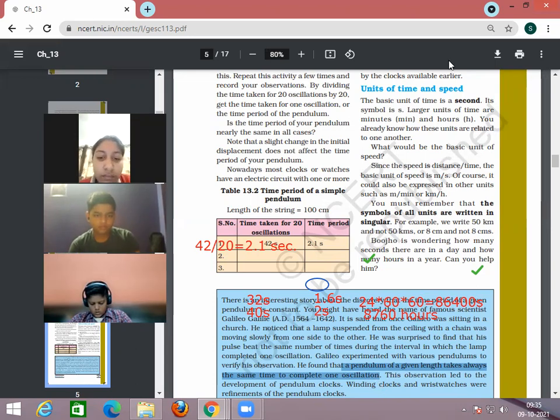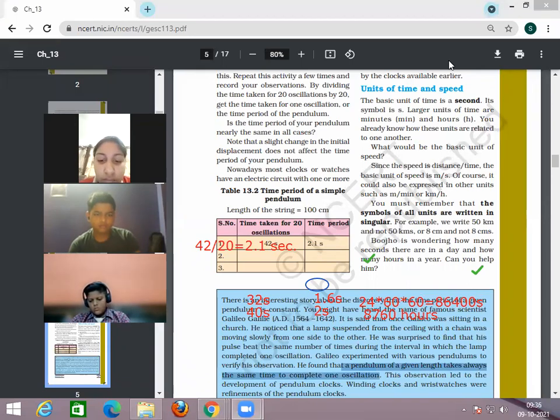Winding clocks and wristwatches were refinements of the pendulum clocks. The discovery of the pendulum was done by Galileo. Once he found that a pendulum of a given length always takes the same time to complete one oscillation. What does it mean? Suppose we have taken the length of a string as 20 meters.